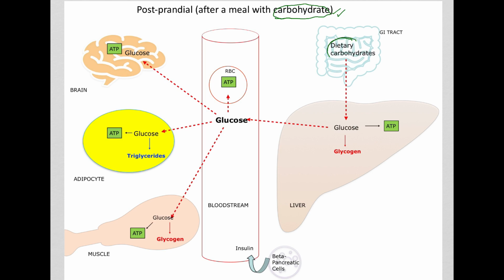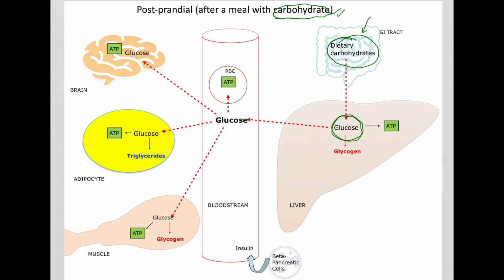And carbohydrate means there is glucose present. So you eat your meal, the carbohydrate is broken down into glucose, and glucose will be absorbed into your bloodstream, and it will enter the liver.